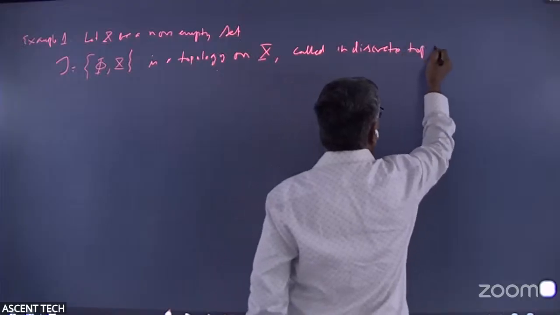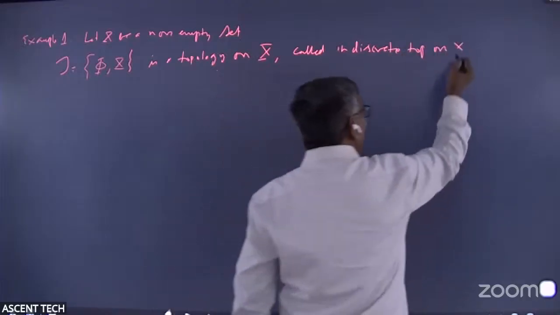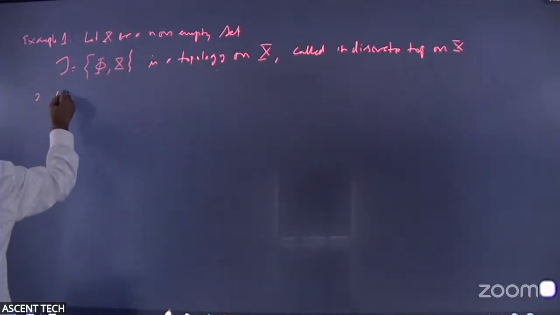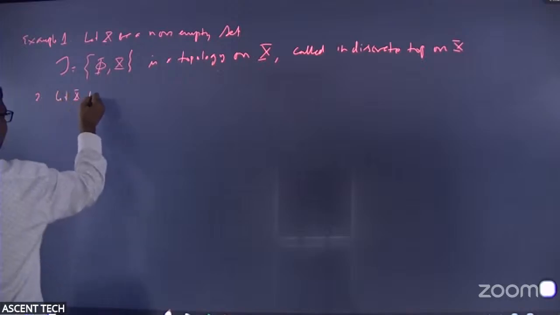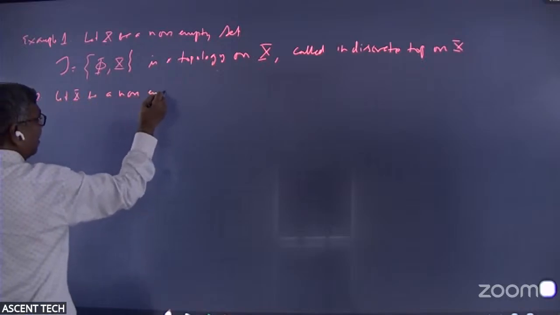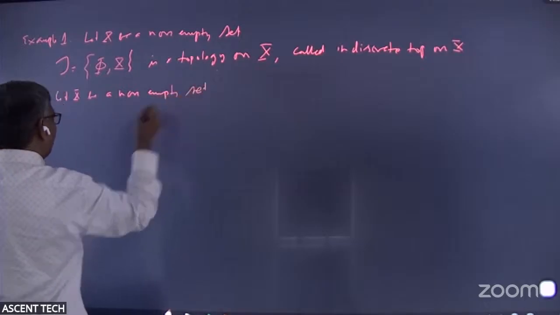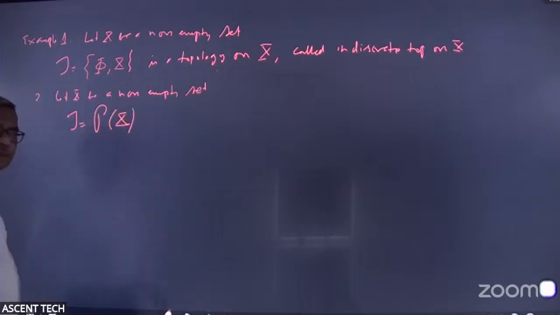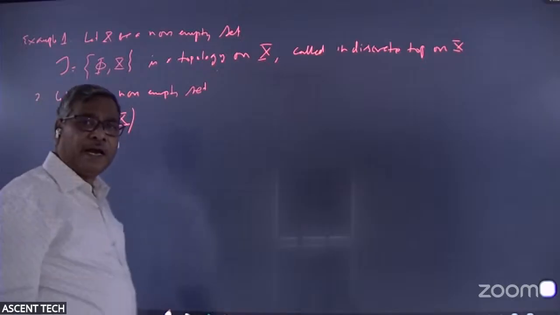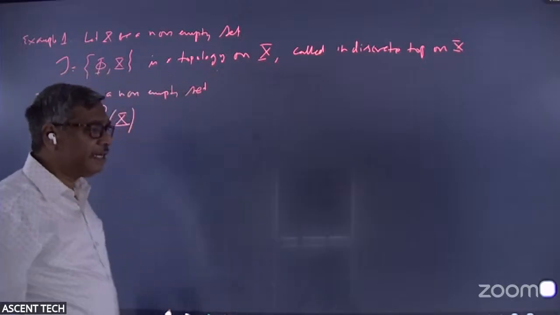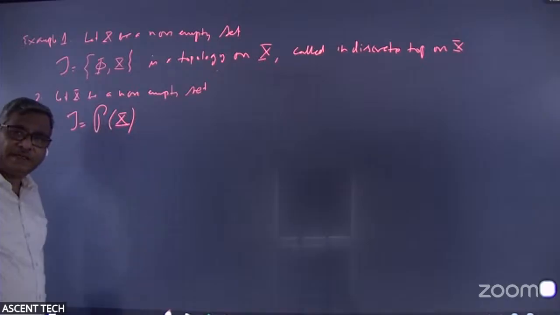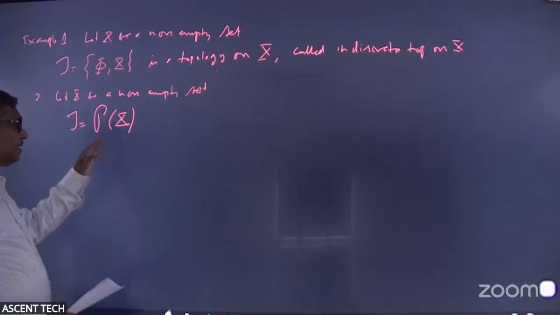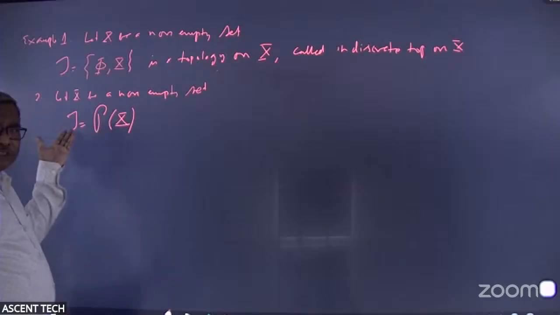So, a very obvious example. I will take another example. Again, let X be a non-empty set, and in T you take all subsets of X. Every subset is in T. So the empty set is in T, and the whole space is in T, as they are subsets of X. And if you take any bunch of subsets of X, their union is also a subset of X, so axiom 2 is satisfied.